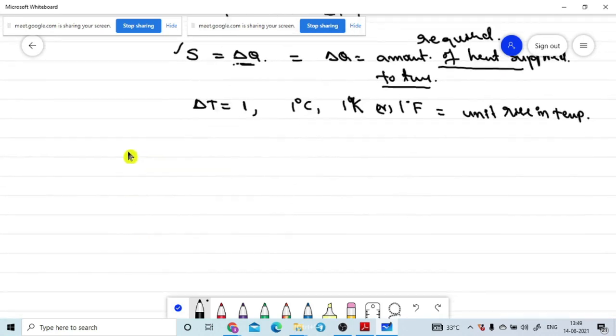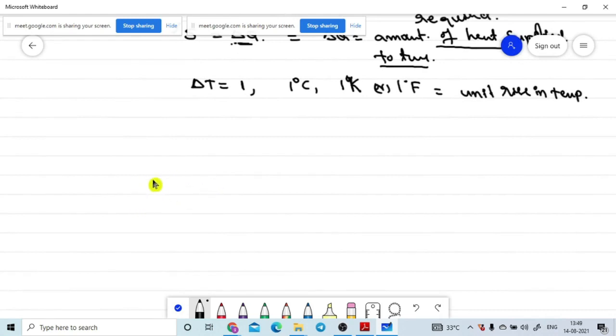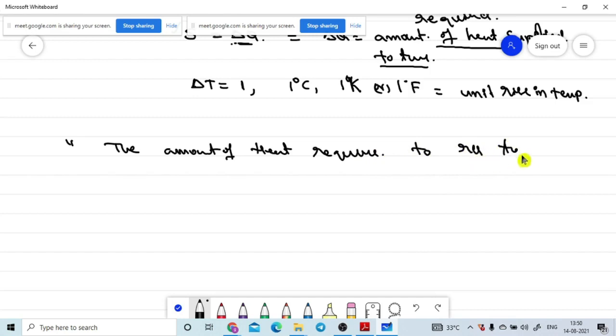So heat capacity is nothing but the amount of heat required, very very important, the amount of heat required to rise the temperature of the system to unity.